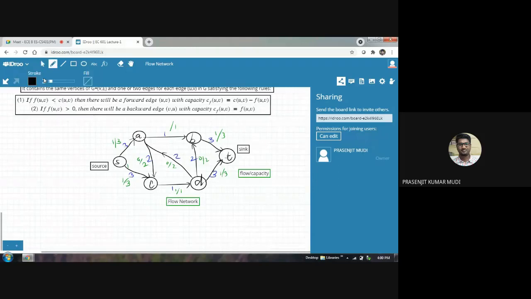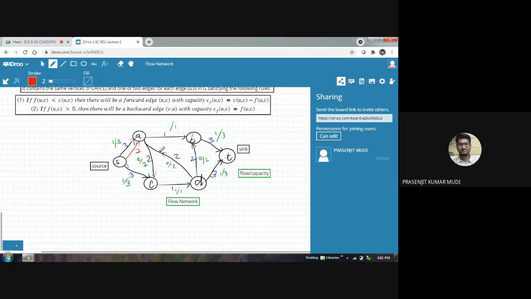So then what we are doing is introducing a forward edge with a capacity. And what will be the new capacity of this new forward edge? Its capacity cf will be the existing capacity minus the flow. So that is 2.